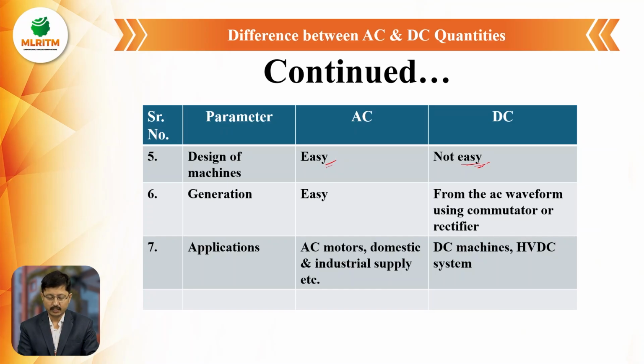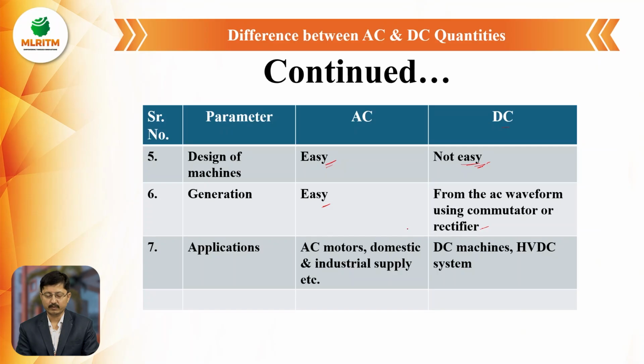Next, generation of AC quantities is very easy. From the AC waveform, using a commutator or rectifier, we can convert that AC to DC. So the generation of AC is very easy compared to DC.